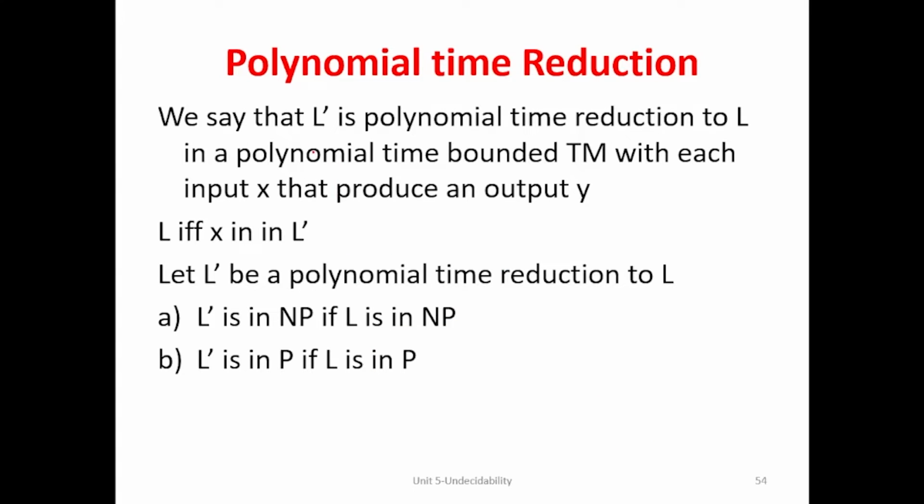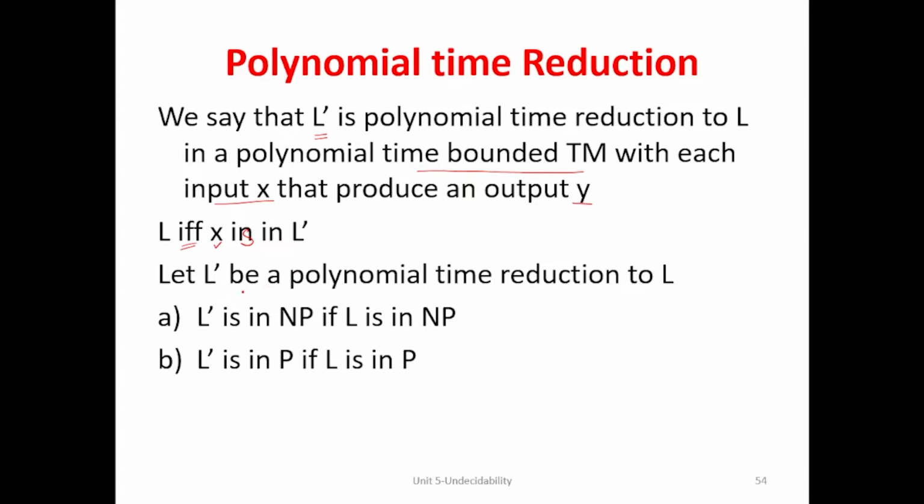So we can say that L dash is polynomial time reducible to L with a time bounded Turing machine, where the Turing machine takes input X and produces an output Y. L dash is polynomial time reducible to L if and only if the same input X is used in L dash.